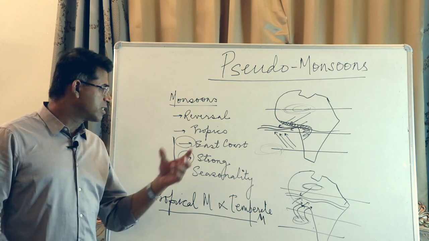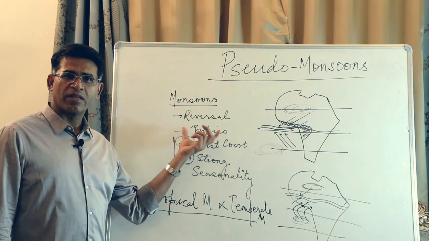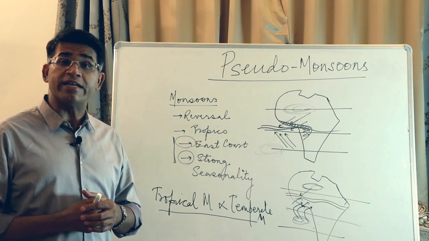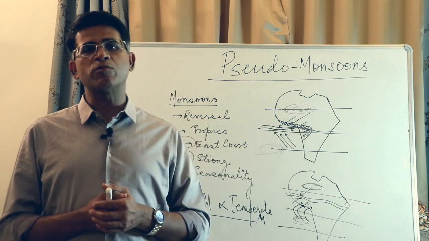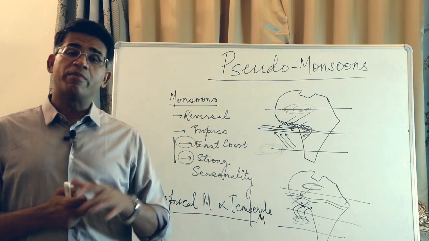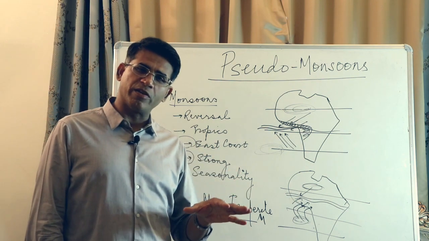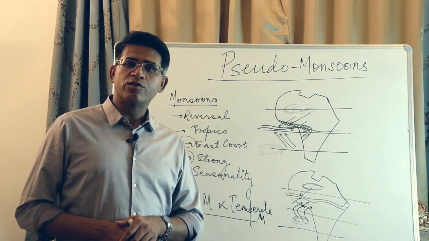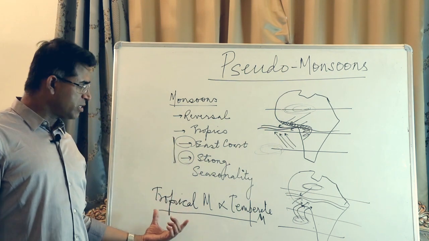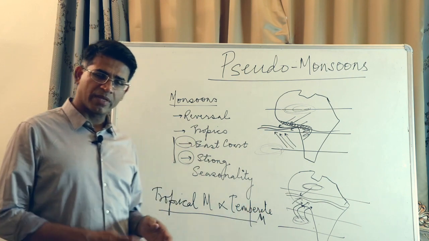Now, although it's a feature of the tropics, we also have monsoonal tendencies in the temperate regions bordering the subtropical latitudes. Some referring to the Gulf of Mexico, the South China Sea, southern Japan. So we have tropical monsoons and we have temperate monsoons.